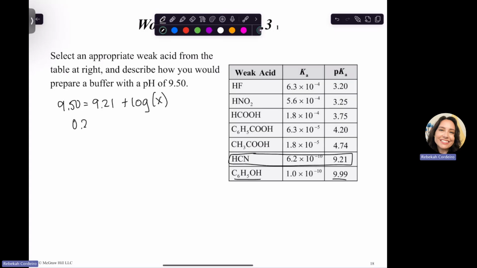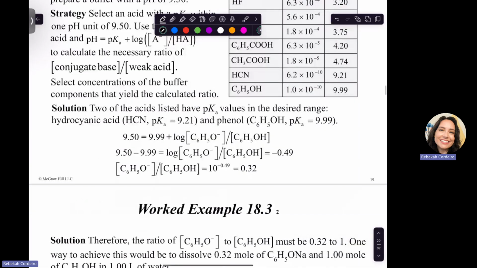So we got 0.29 equals log of x. Raise everybody to the power of 10. And that'll be your x. And remember, x is your ratio. X is equal to the ratio of A minus over HA. So we get an x of 0.32.